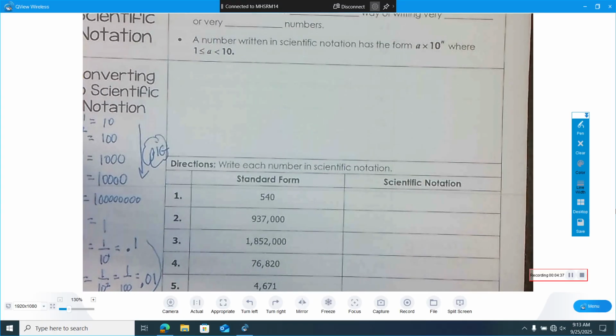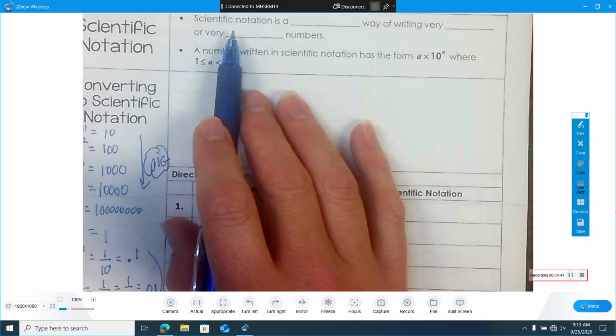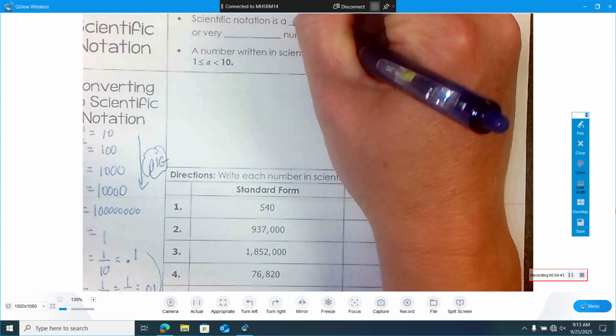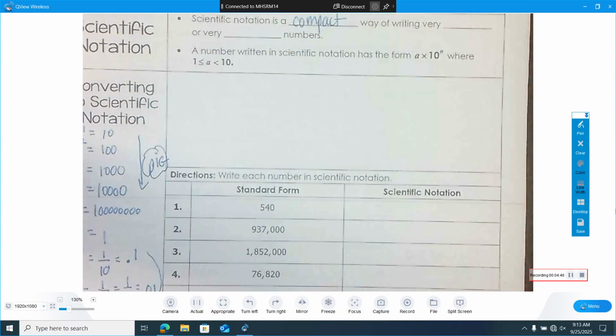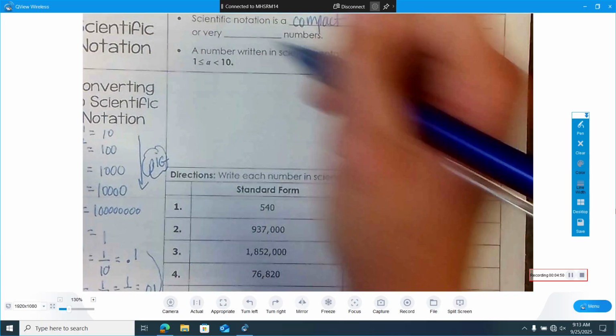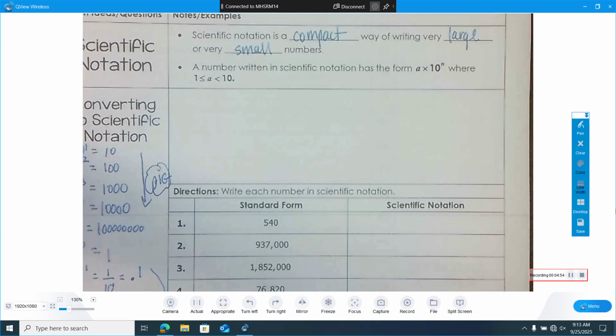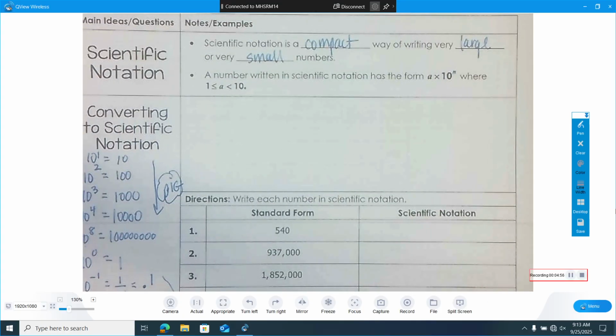So scientific notation is a compact way of writing very large or very small numbers.